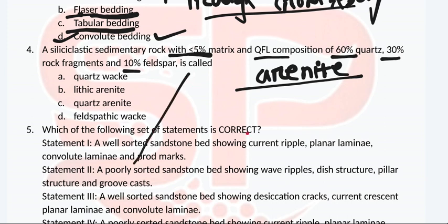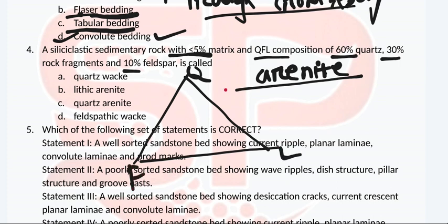If you see in the diagram, it's Q, F, L. So if you are considering 30% rock fragment, that means the rock fragment is more than 25%. If rock fragment is more than 25%, then it will be considered as lithic. Then it is less than 5% matrix, so it will be arenite. The answer will be lithic arenite.